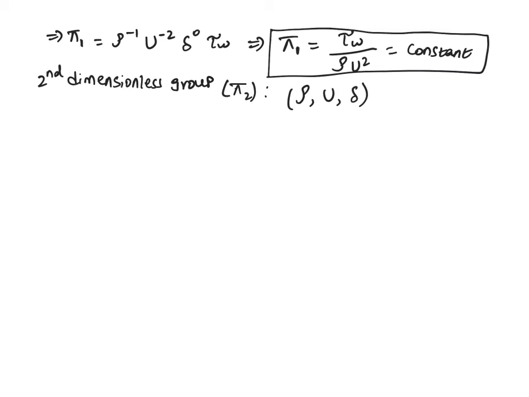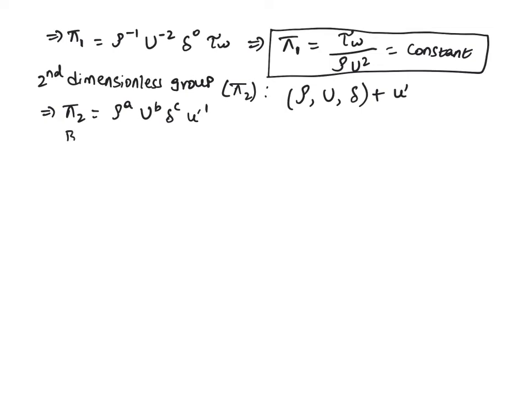The fourth variable is changing. Previously we had shear stress that was brought in. Now we are bringing in the turbulent velocity, small u prime. So that implies pi 2 would be equal to rho to the power of a, u to the power of b, delta to the power of c, and u prime to the power of 1.